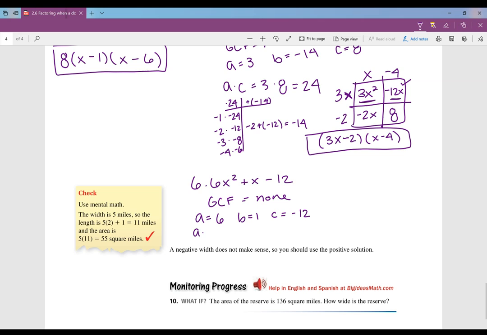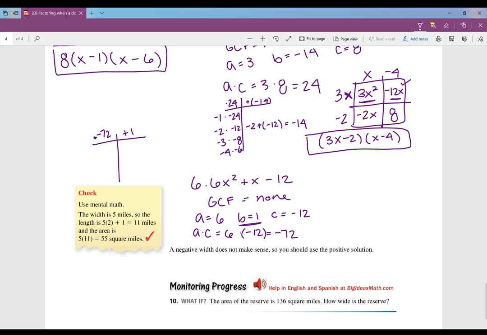So when we do a times c, we're doing 6 times negative 12, which will give us negative 72. So when you're making your table, we need things that multiply to negative 72, but we want them to add up to 1.